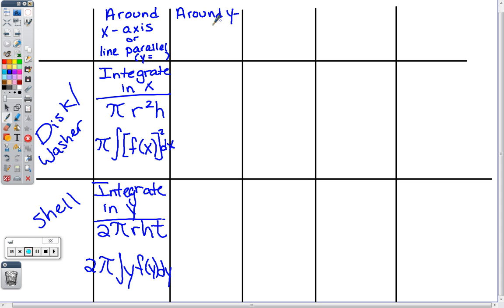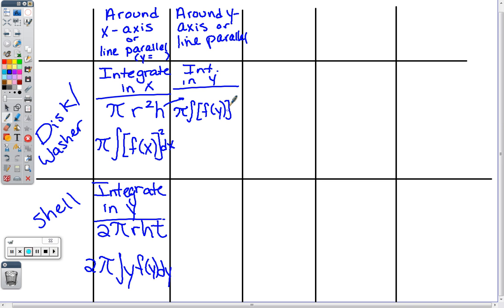Around the y-axis or line parallel. I integrate in y, which is going to give me pi r squared h, and it will be pi integral of f of y squared dy.